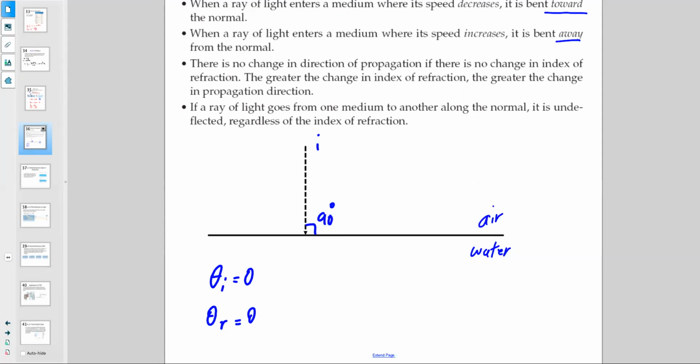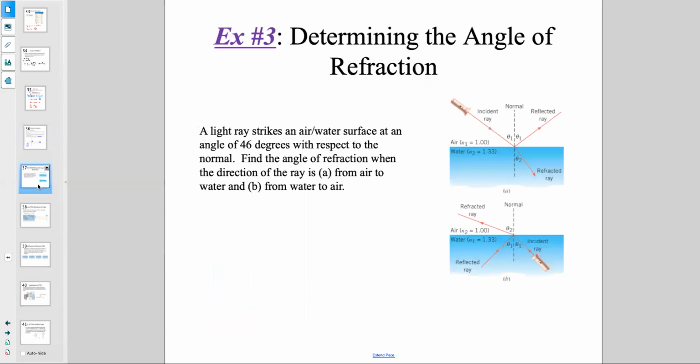Nothing would change its direction because it is along the normal line. It won't get disturbed. It's just going through directly at an angle of 90 with respect to the surface. So nothing will happen to it.